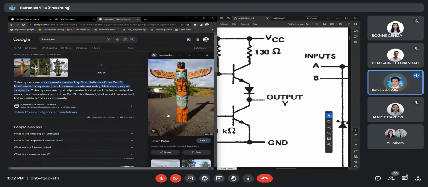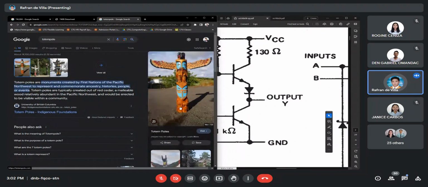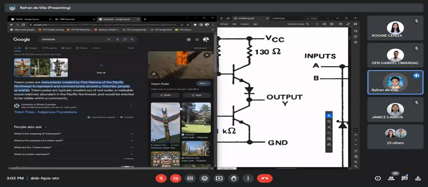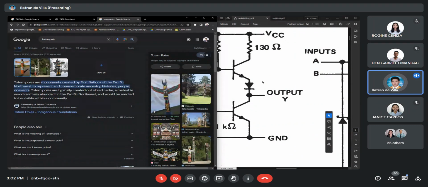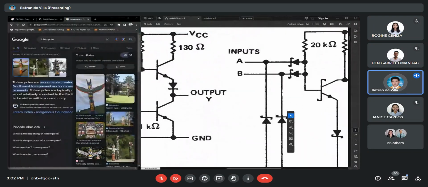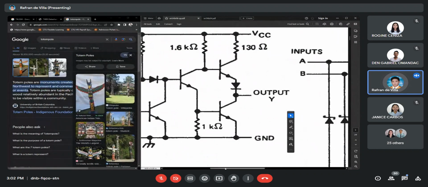So similar to the design of the totem pole, the components are stacked. So a totem pole output, based on its design, is capable of generating a positive high voltage and a negative or zero voltage because of this design.